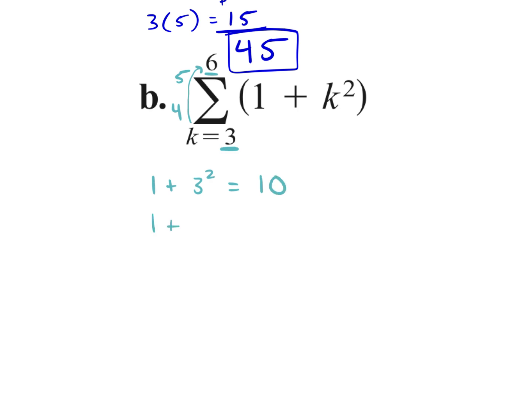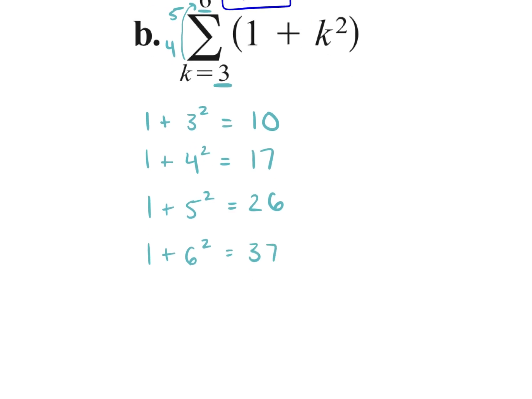Then 1 plus 4 squared. 4 squared is 16, plus 1 is 17. 1 plus 5 squared. 5 squared is 25, plus 1 is 26. And then lastly, we're going to plug in 6. 1 plus 6 squared. 36 plus 1 is 37.